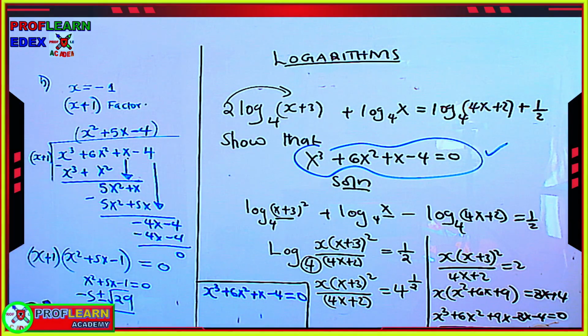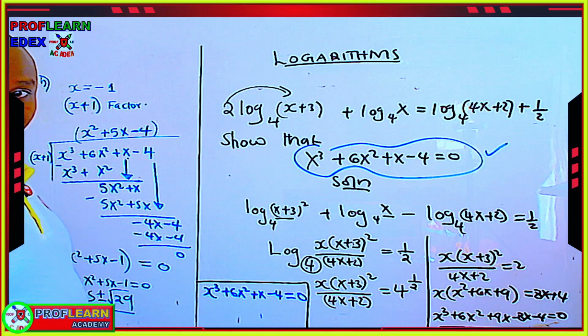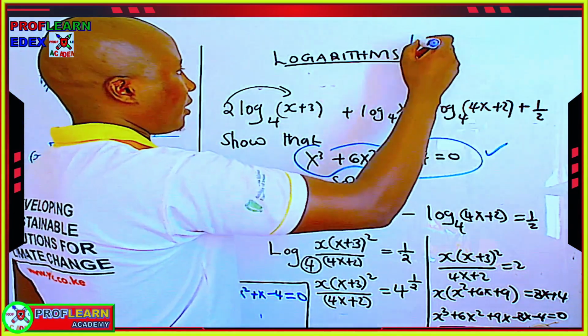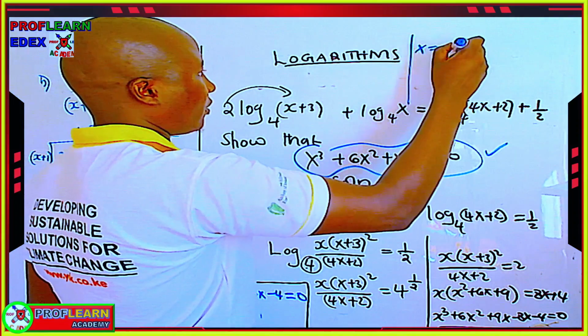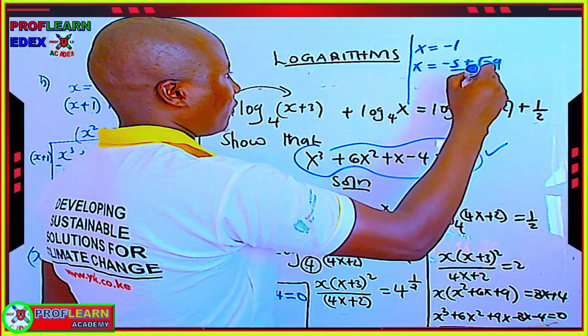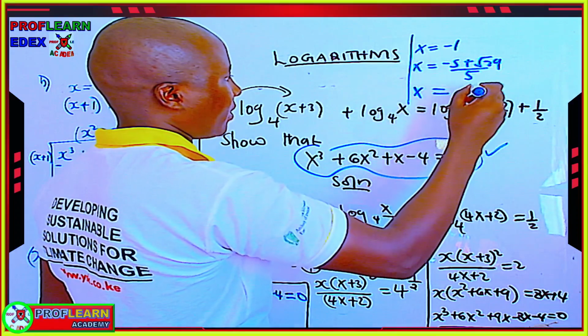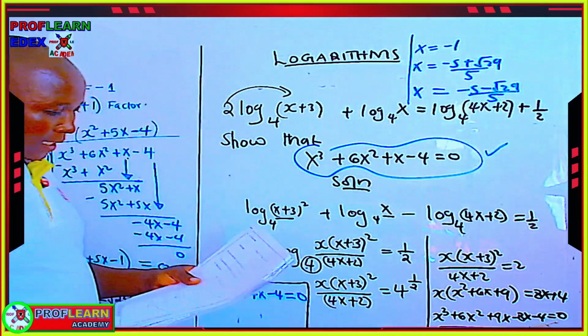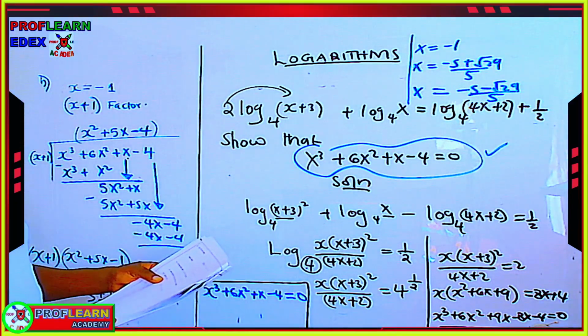But you see, this is logarithms. There's no way our x value is going to be negative. So therefore, these are the two roots, and the roots can be written how? The first root is x equals -1. The second root is (-5 plus root 29) over 2, and the third root is going to be (-5 minus root 29) over 2.